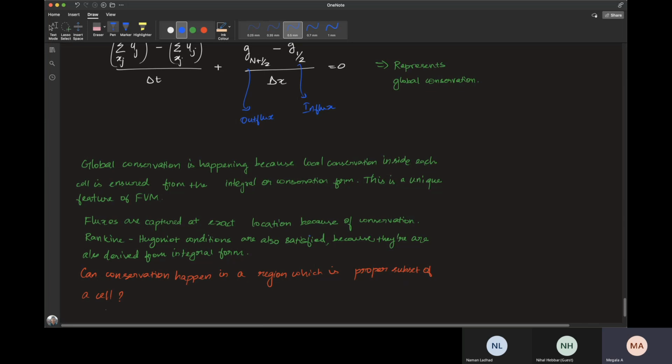Now this feature is unique to the finite volume method. We don't have this in finite difference or finite element methods, and because of this we use the finite volume method for CFD problems. In CFD, conservation is inherent, because the governing equations of CFD are derived from the conservation laws, that is, from the conservation form. We start with the integral form, then we derive the governing equations.